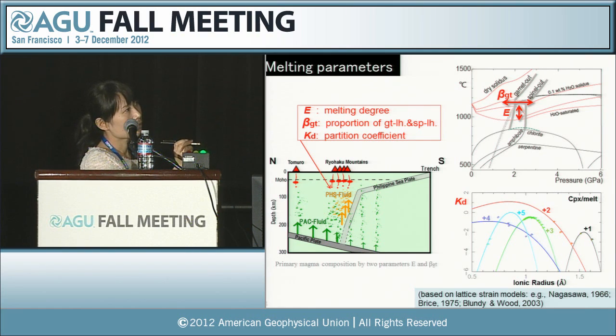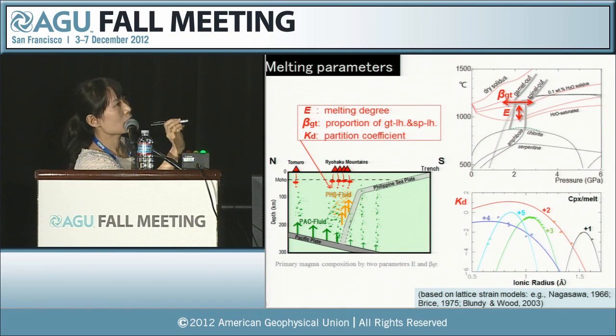The melting can be described by 3 parameters: melting degree and proportion of garnet and spinel lherzolite. Here we call it beta garnet. And partition coefficient. Melting degree and beta garnet correspond to the melting temperature and depth of melting.